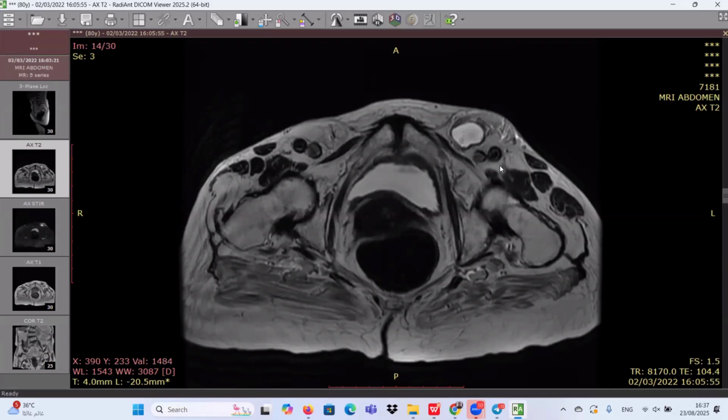Okay, let's go. So this is the site or the cause of the small intestinal obstruction. If I want to report this, I have a small bowel obstruction secondary to an obstructed left side femoral hernia. I can say obstructed, or I can say incarcerated femoral hernia. I couldn't say strangulated. Incarcerated means irreducible hernia.